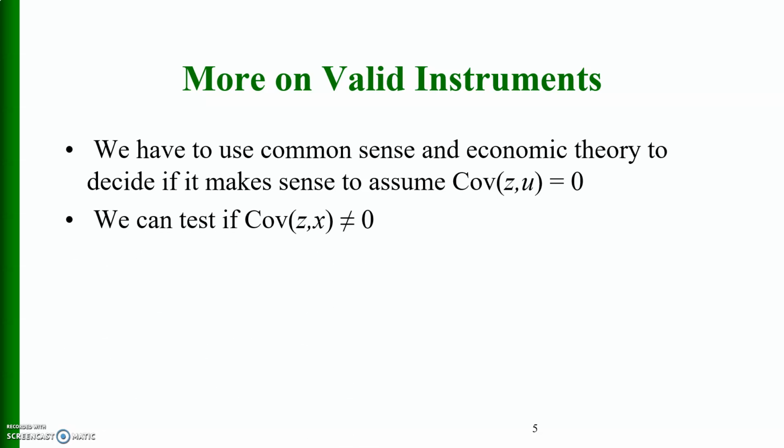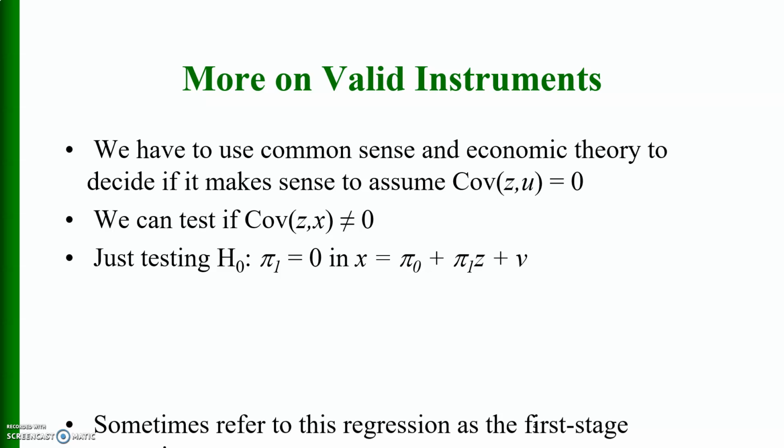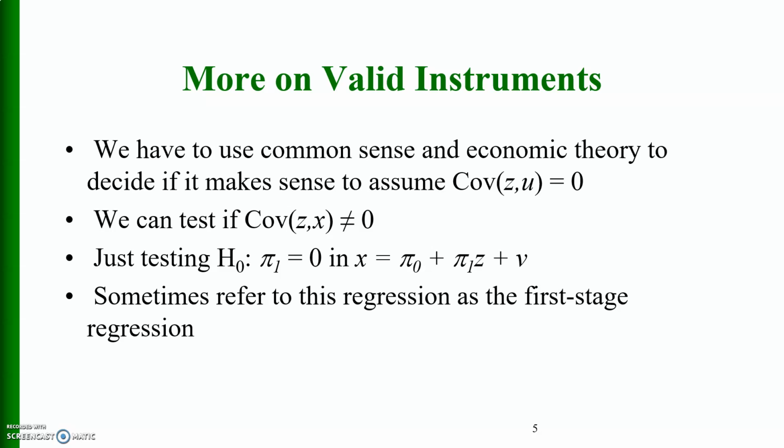We can test if the covariance of z and x is not equal to 0. We can just test the null hypothesis in the second model that I showed in the first slide, that pi 1 is equal to 0 in x equals pi naught plus pi 1 z plus v. Sometimes we refer to this regression as the first stage regression.